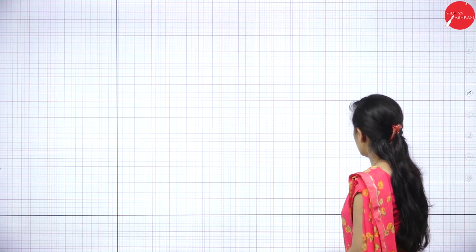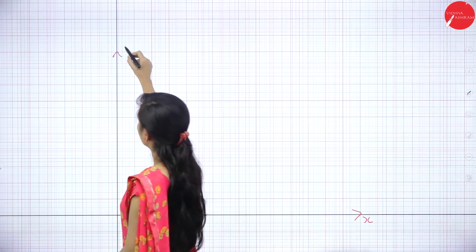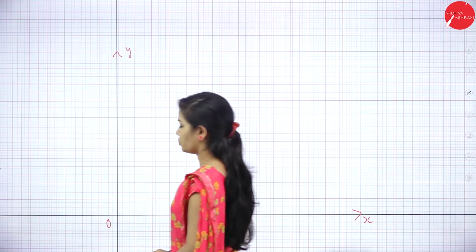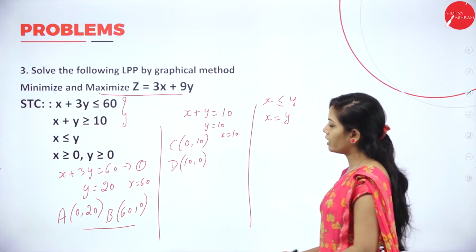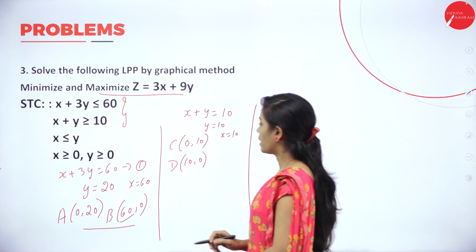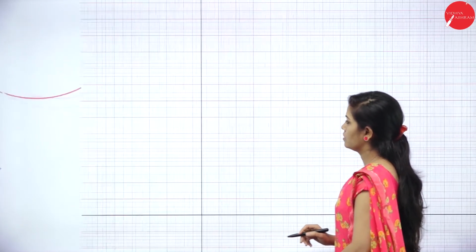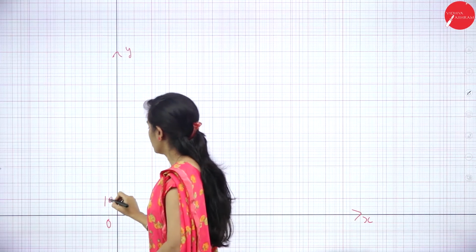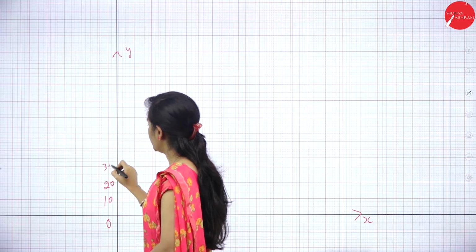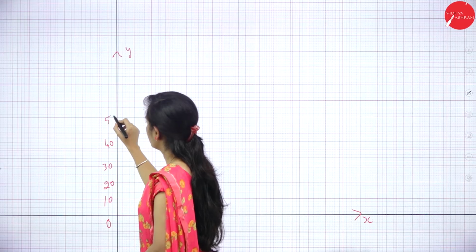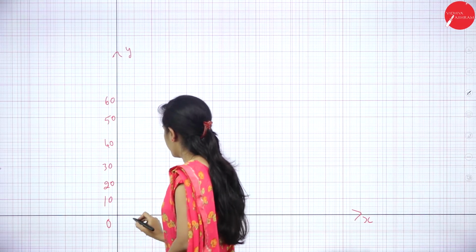This is the x-axis and y-axis. The maximum value is 60, so I will take 10, 20, 30, 40, 50 and 60.